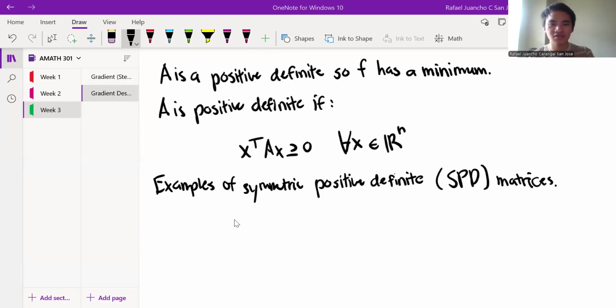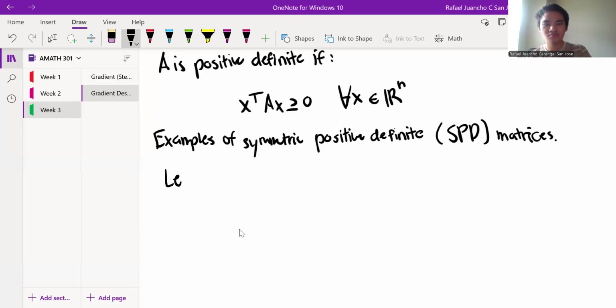Okay, we actually have one example here. So we let A be a matrix of n by m dimensions. And so that means its transpose times itself is symmetric, positive, definite.